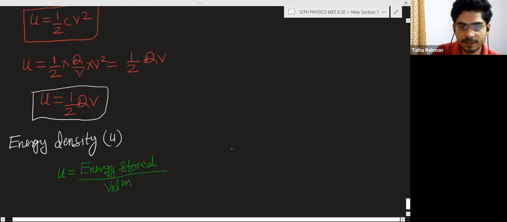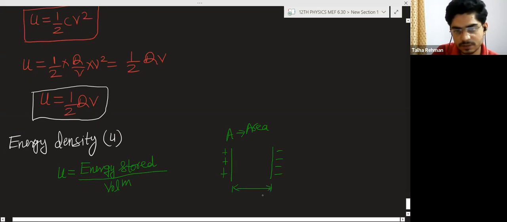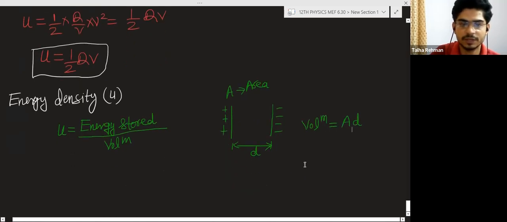So here is the capacitor, positive and negative, and A is the area of the plate and D is the distance between the two plates. So I can write the volume as A into D.